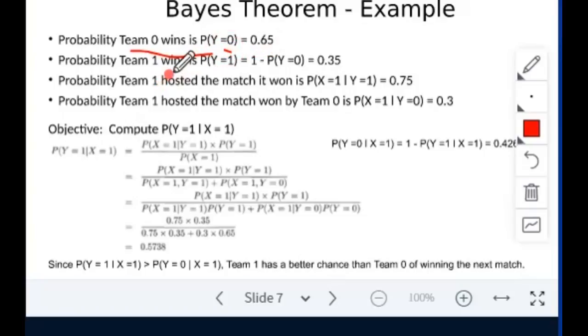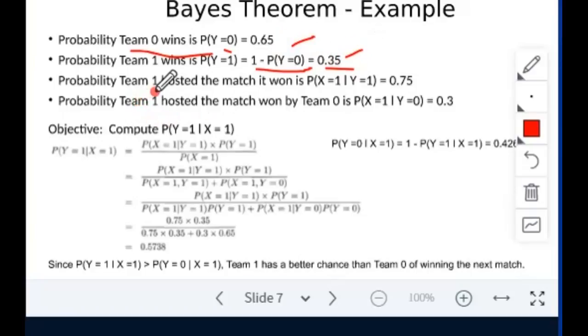So P(y=0) is 0.65. The probability of Team 1 winning: when 65% is won by Team 0, what is the remaining percentage won by Team 1? Obviously 100 minus 65, that is 35%. That's why it is given as 1 minus P(y=0), which is 0.35. When you add these you will get 1, that means 100%.